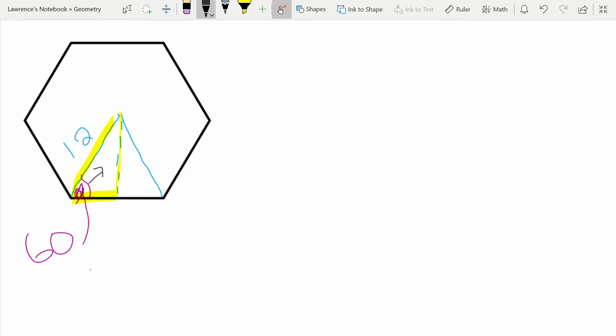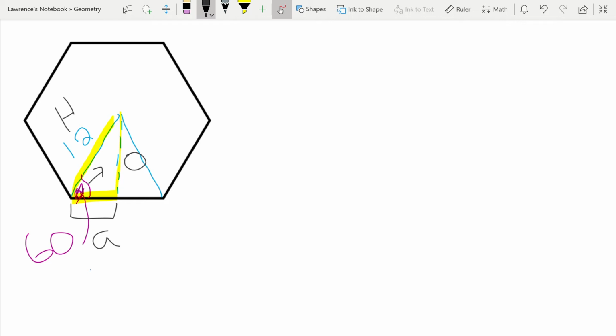So I'm going to draw the little arrow there. There's opposite. This down here, that's adjacent. And the 12 is my hypotenuse. So I'm going to find the opposite, which is going to be my height. I'm going to find the adjacent, which I need to double, which will then become my base. And then I have everything I need, and I'll just type it in the calculator to be done with it, okay?